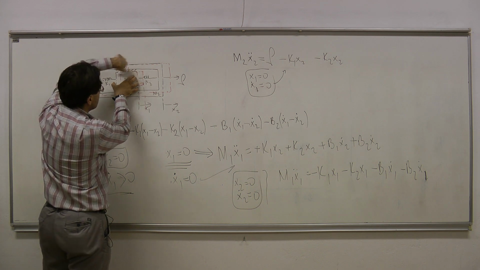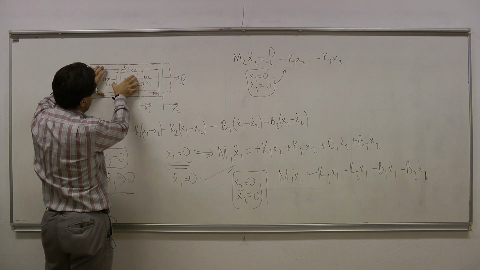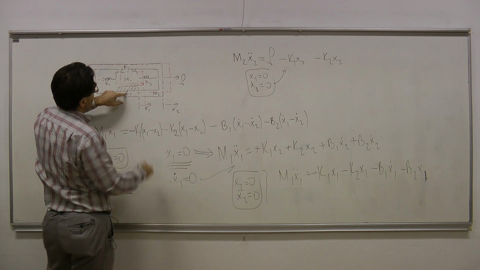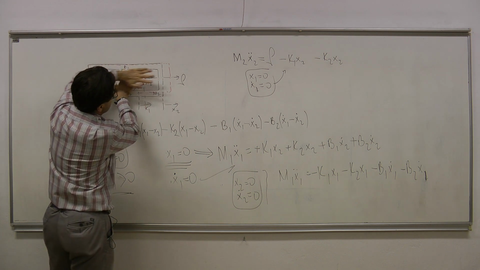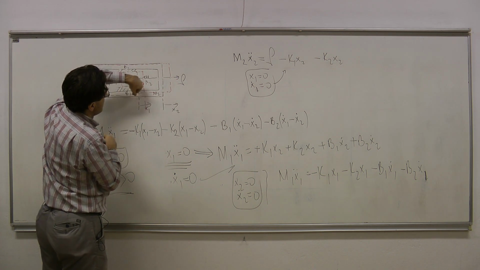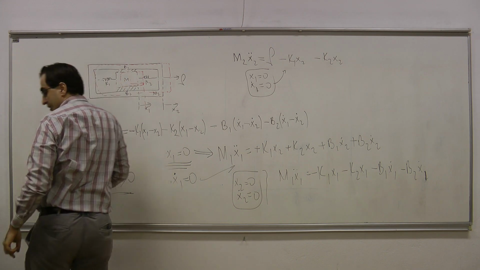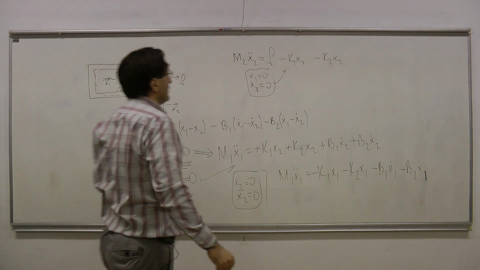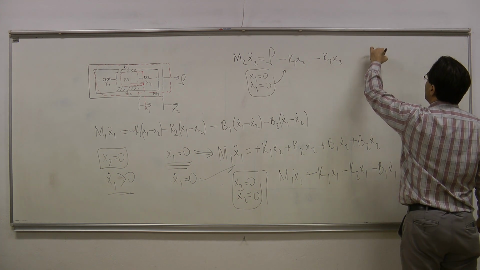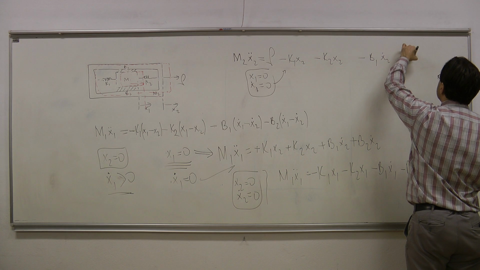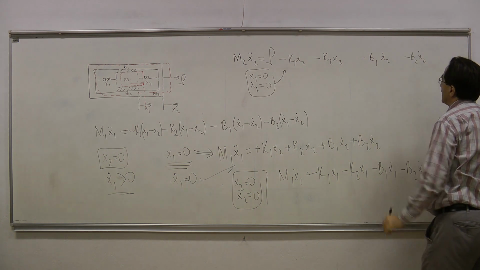So the friction force is going to be pulling the mass back towards the left. Similarly, this friction force, when M1 is fixed and M2 is moved in that direction, would be pulling the mass M2 towards the left. That means that the effects of B1 and B2 would be added like minus B1 X2 dot minus B2 X2 dot.